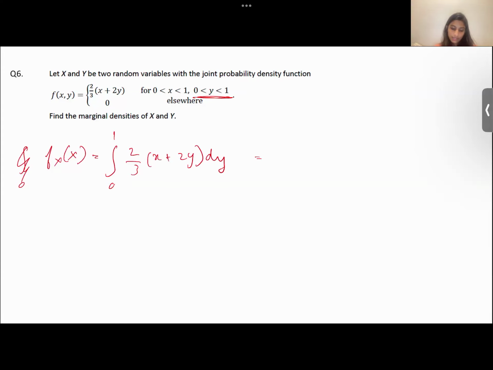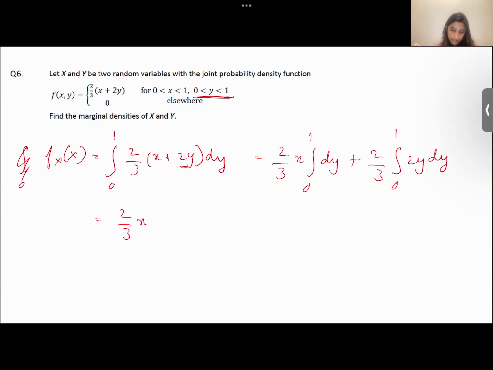Now this x term will become constant, so 2 by 3 x is all constant, integrated 0 to 1 dy, plus 2 by 3 times 2y dy.